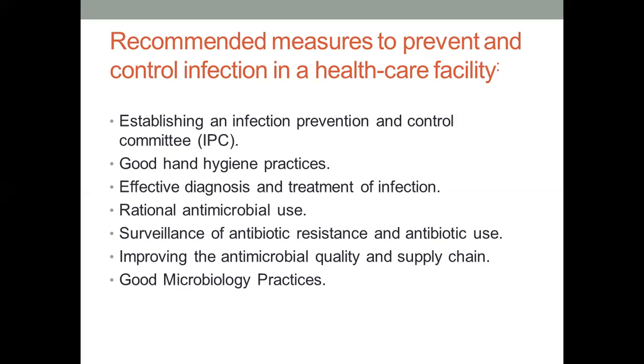Surveillance of antibiotic resistance and antibiotic use, improving the antimicrobial quality and supply chain, good microbiology practices like using an antibiogram. The antibiogram has the list of bacteria that cause infection and which exact class of antibiotics has to be used for this particular bacterial infection.